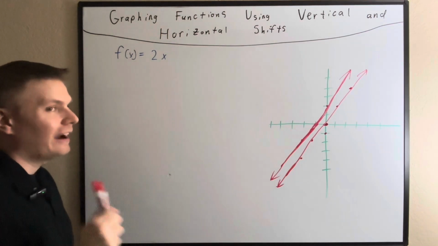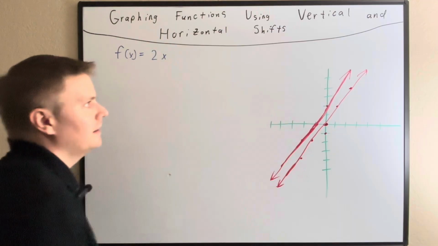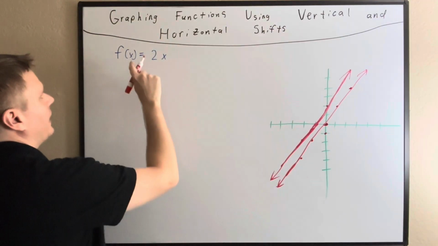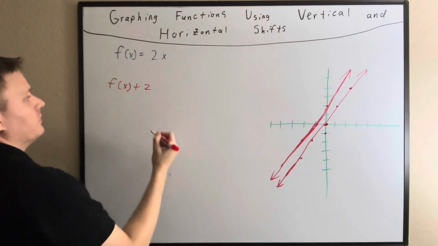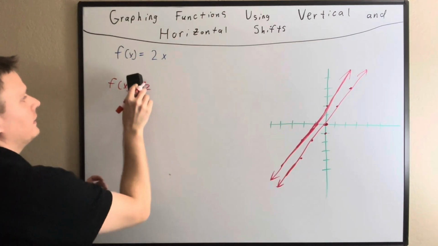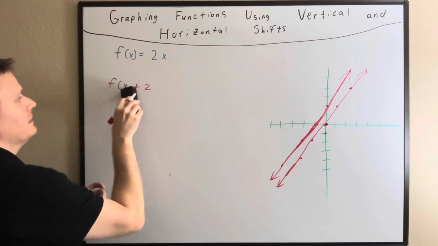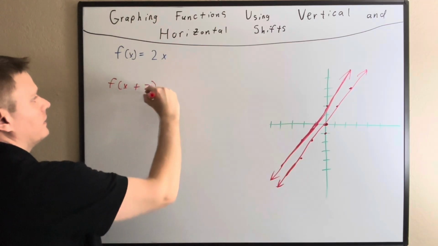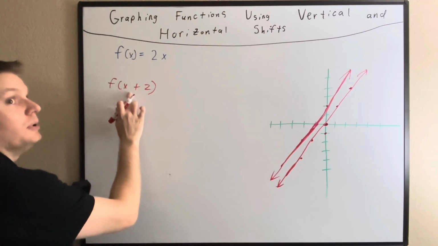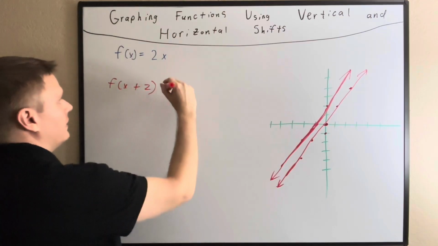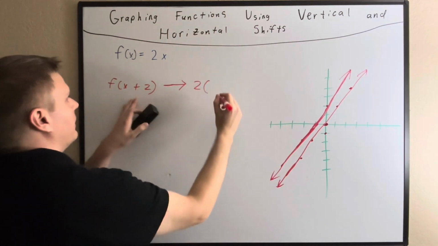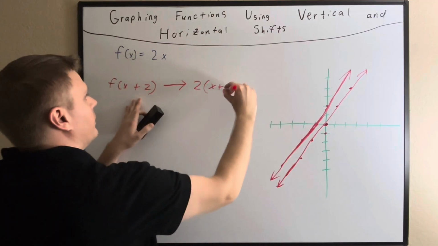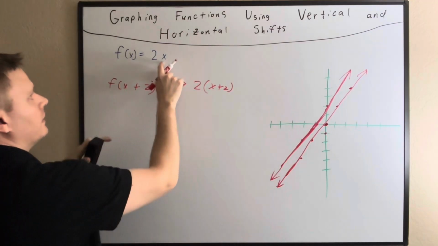Well, we are adding and subtracting. But the thing is we're not adding it like this, like we did before. We're adding it inside the parentheses. We're adding it to the input itself, which gives us 2 times x plus 2. We're substituting.